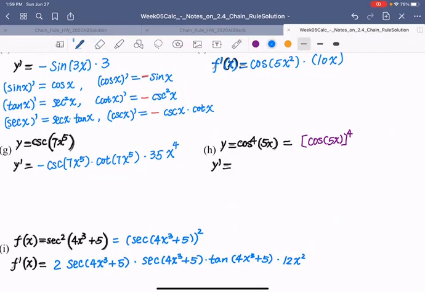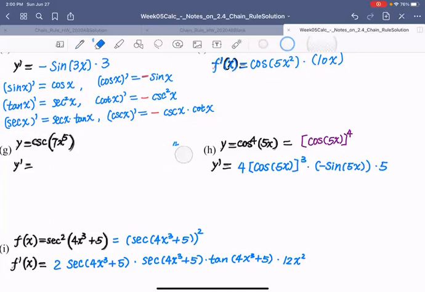So first it would be 4, and then times cosine of 5x to the third. And then it would be negative sine 5x, and then times 5. That is perfect. Very good. You made it. Thank you.